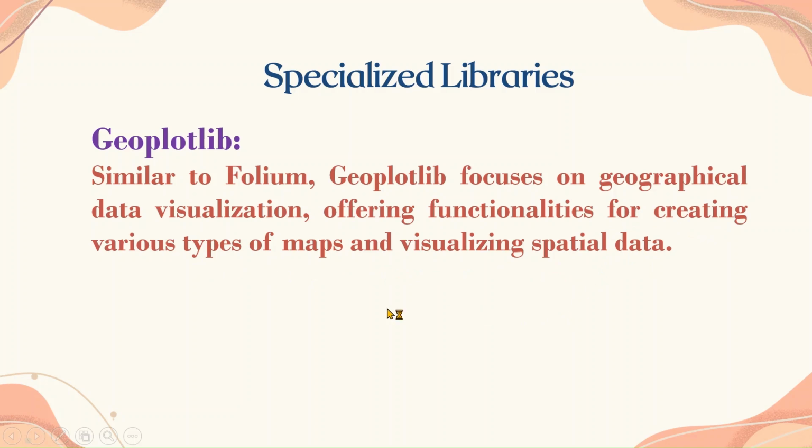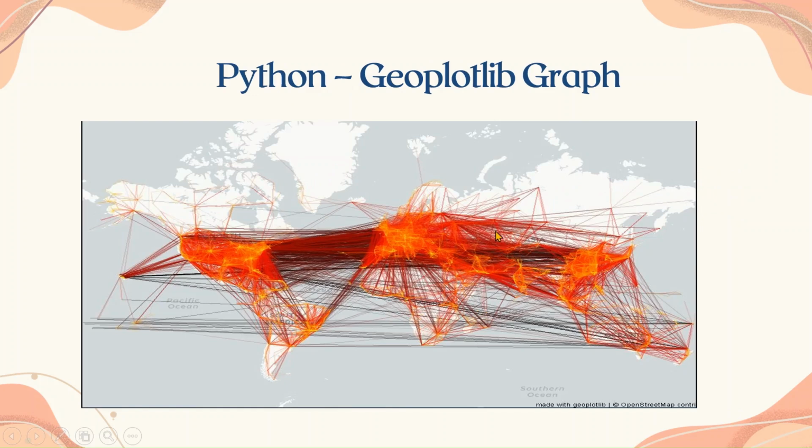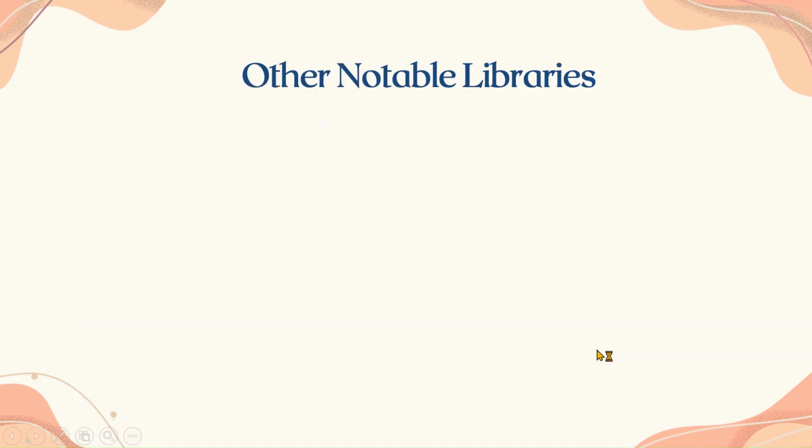So spatial geomapping is offered by Geoplotlib, and various types of mapping concepts can be covered, and you can create so many maps to show a particular region in different coloring. So this is one example of Geoplotlib graphs. Each one is showing a different region at a different location.